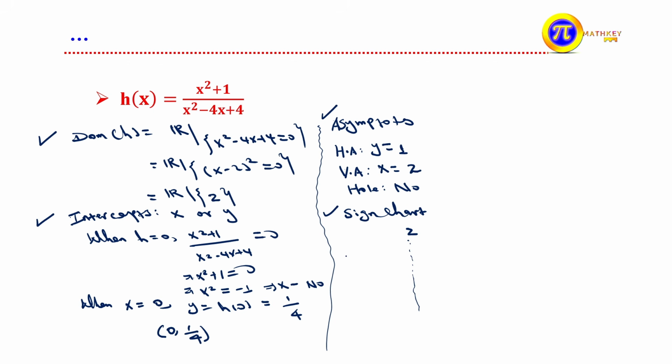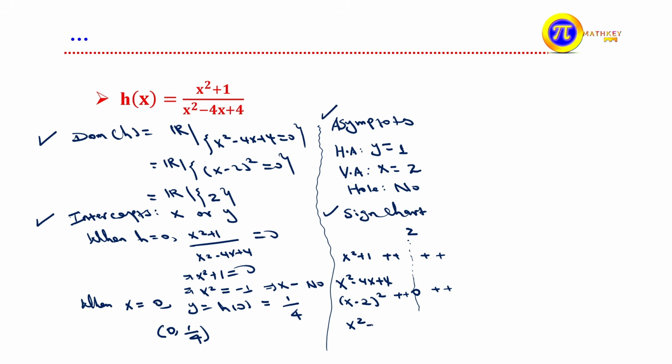The numerator, x squared plus 1, is positive everywhere; it cannot be 0 and it cannot be negative. Now x squared minus 4x plus 4 is equal to (x minus 2) the whole square. At 2 it is 0. At the left of 2 it is positive. At the right of 2 it is also positive, since it is a square and an even function, so it is positive everywhere, but 0 at 2.